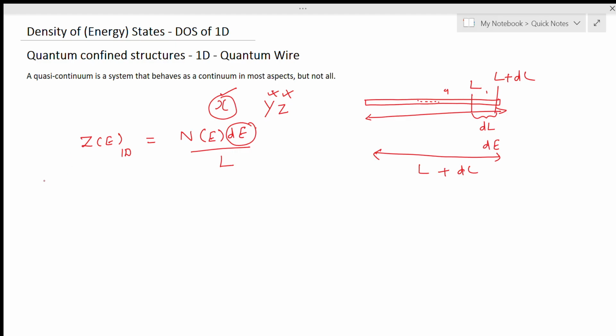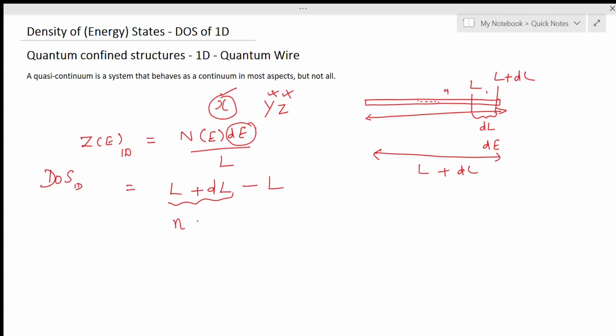So to find the density of states of a one-dimensional quantum confined structure like a quantum wire, we are going to consider the number of available energy states between L plus dL and L.